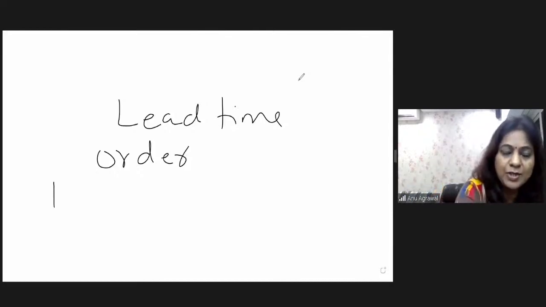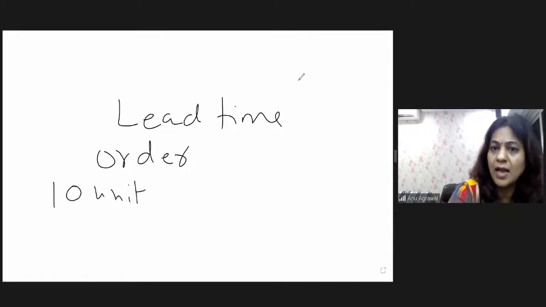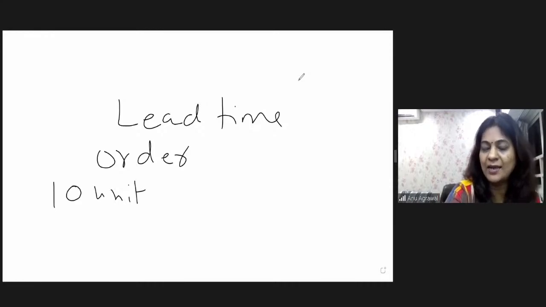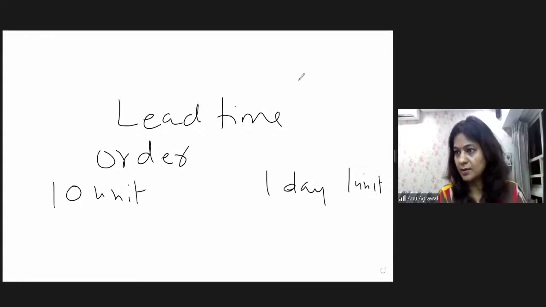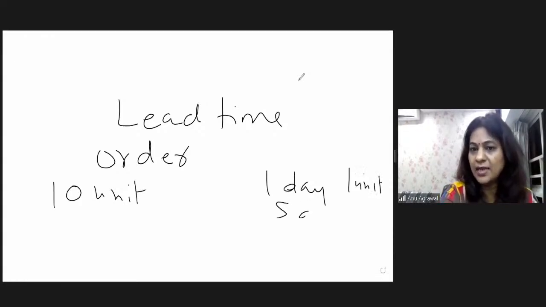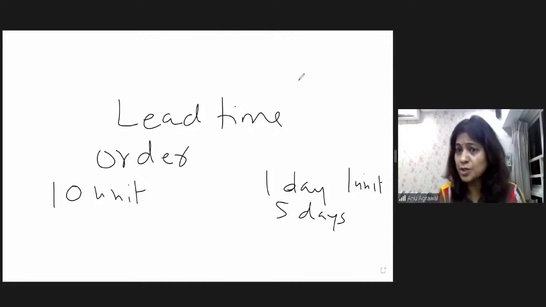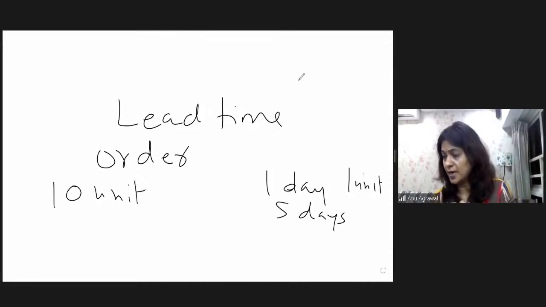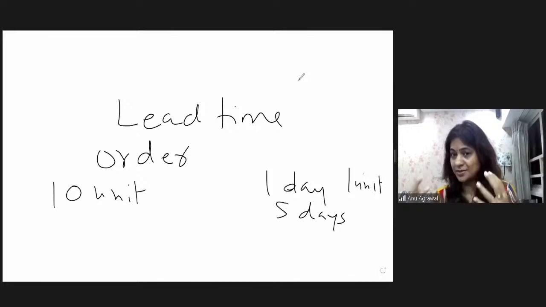Let's say when you order 10 units, and every day you consume 1 unit, and say it takes 5 days for the order to reach you. Charu, just imagine, it takes 5 days for the order to reach you.